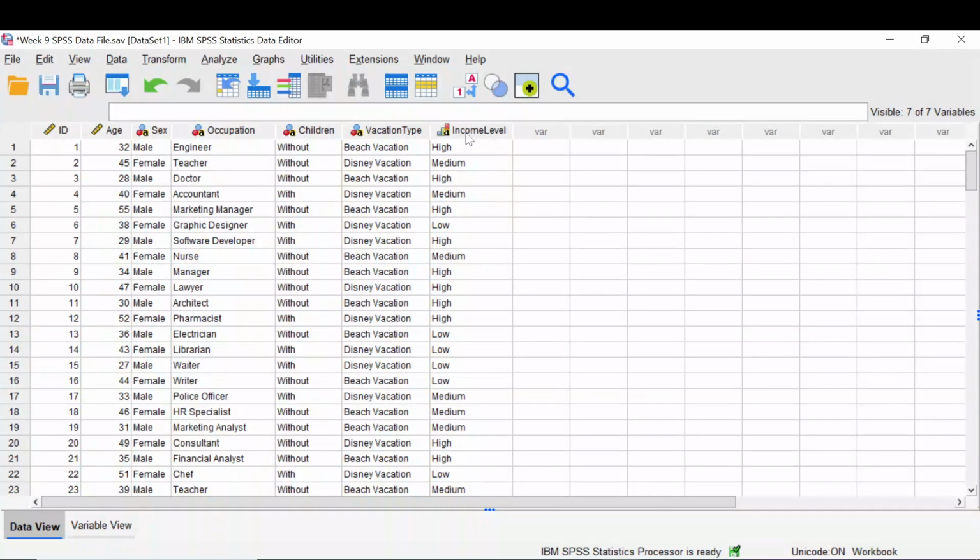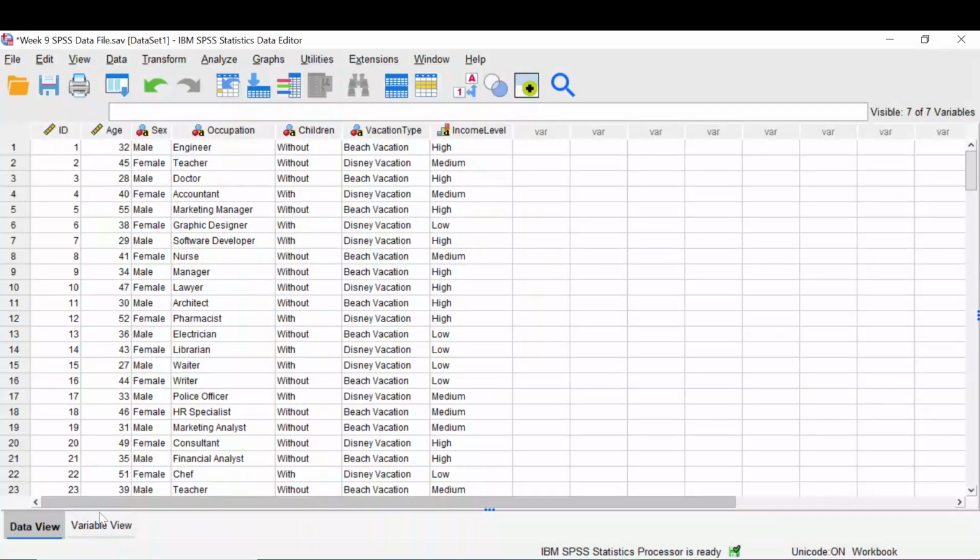And you could easily argue that a high income is more than a medium, which is more than a low. But because the distance between them isn't measurable, we don't know if high means $1 million, 10 million, or $100,000, we can't say it's interval scale. So this would be ordinal in scale.